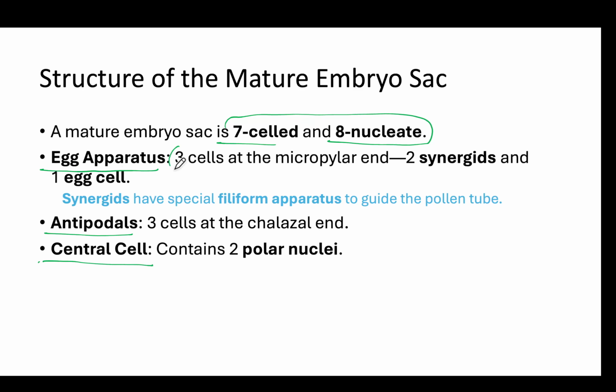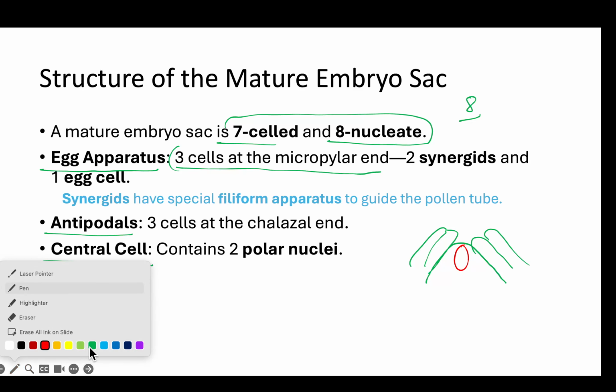See, 3 cells out of the total 8 nucleated state are present at the micropylar end. The micropylar end is the end which is at the top. So let's say this is the micropylar end, okay, and at this end 3 cells arrange themselves, one at the center and 2 around it.